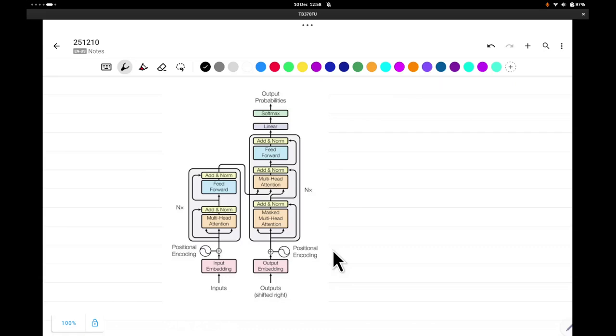So the sequence doesn't know yet what happens afterwards, because otherwise the learning is polluted.